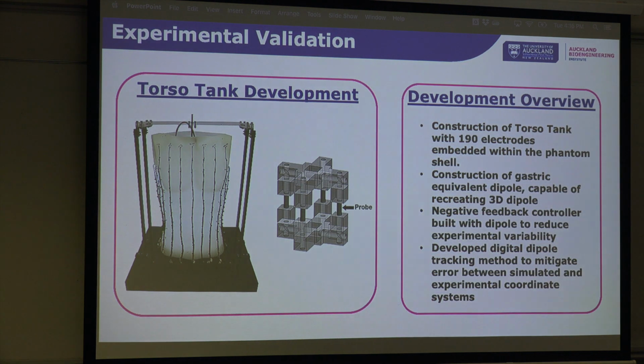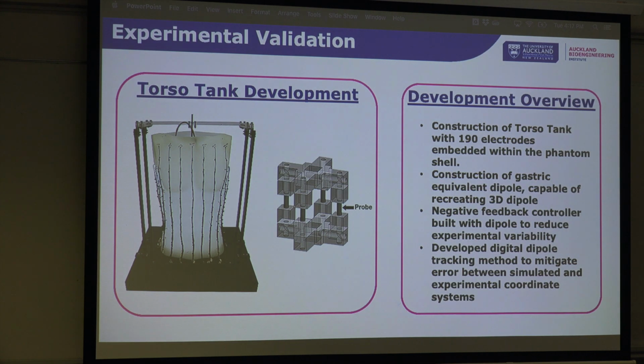So a torso tank is a torso shell. It was an old model that we embedded 190 recording electrodes in. And then we're able to reconstruct our gastric dipole using an artificial dipole source.